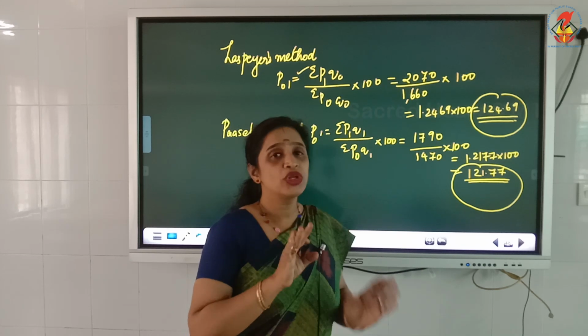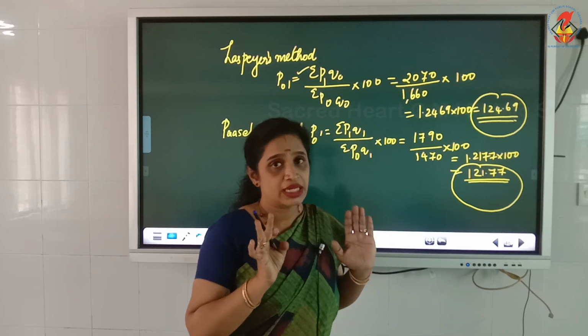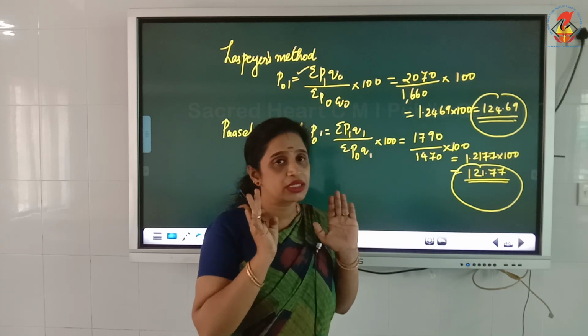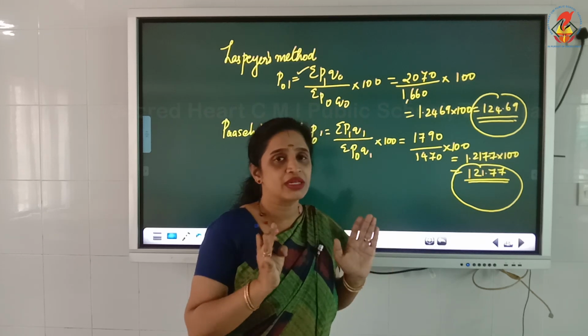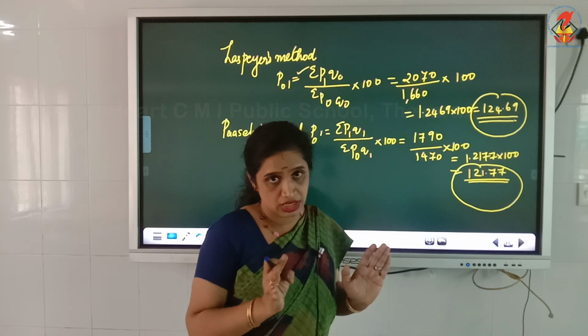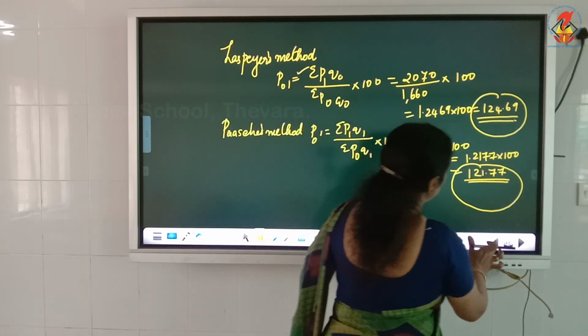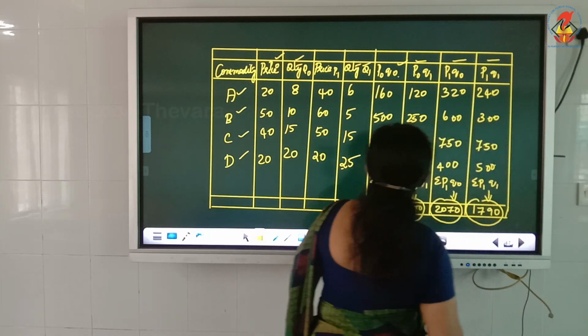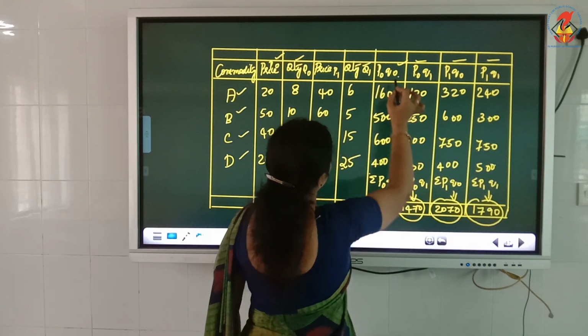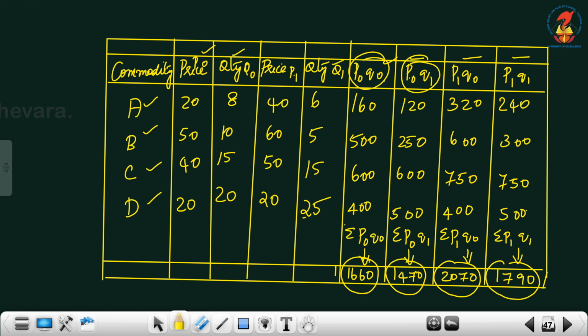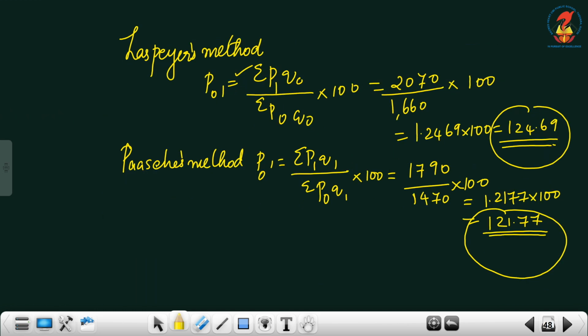So I want you all to frame a table and work out the index number by using all the methods given by the three statisticians, just as I have done here. So you need to work it out. I am not going into a detailed explanation of this because you know it is a direct application of formula. So you have to work it out and see whether you are getting the values which I have written here.